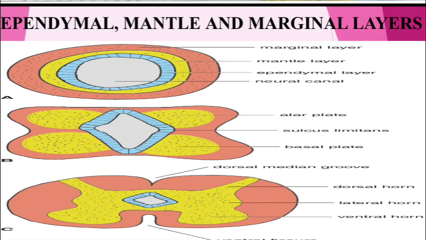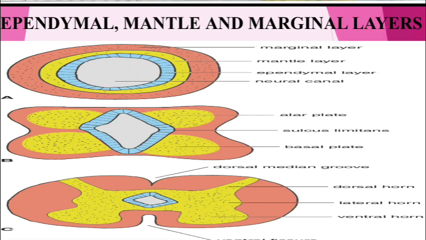It will eventually differentiate to give you an alar plate posteriorly, and then a basal plate anteriorly. The alar plate is actually posterior, and the basal plate anterior.